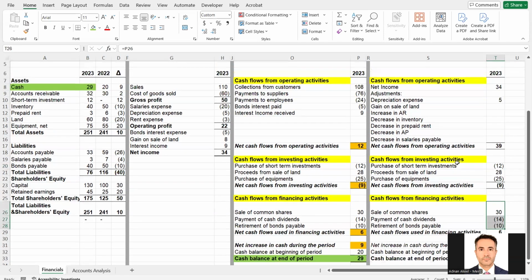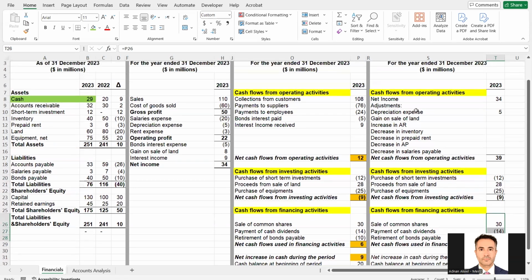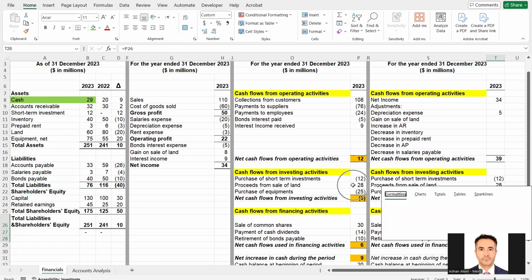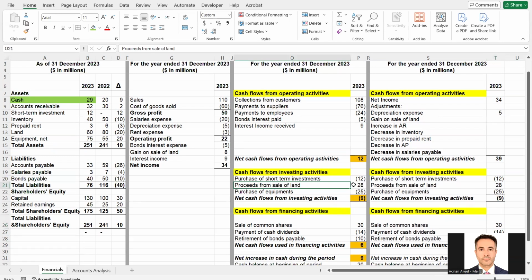Okay. Now, when it comes to the gain on sale of the land, I know for a fact that yes, I have sold a land and I have received 20 million out of selling this land. However, in the income statement, I have recorded the profit or the gain on the sale of the land, which is the 8. And this 8 is part of the overall profit, the 34.